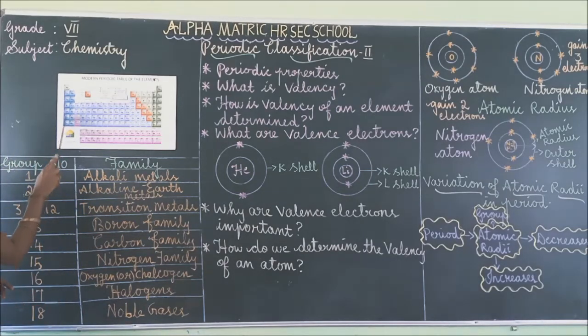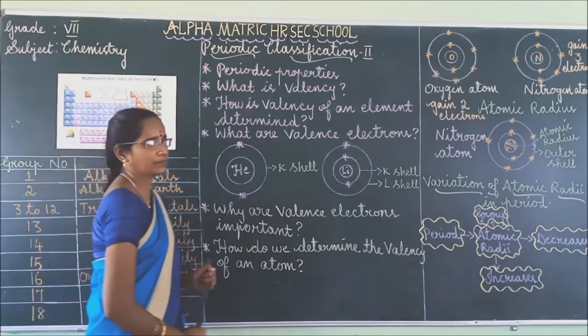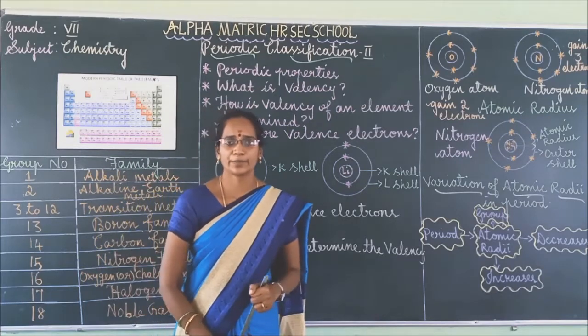This is the first group, second, third, fourth, 5, 6, 7, 8, 9, 10, 11, 12, 13, 14, 15, 16, 17, 18. So there are 18 groups in the periodic table. This also you have to remember.